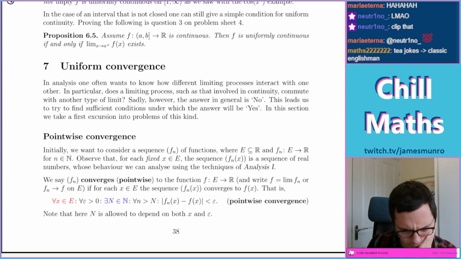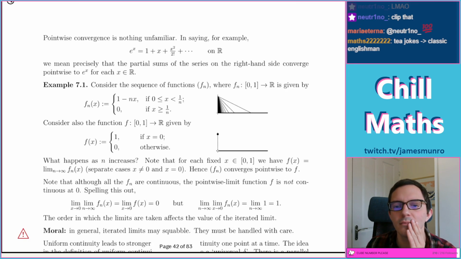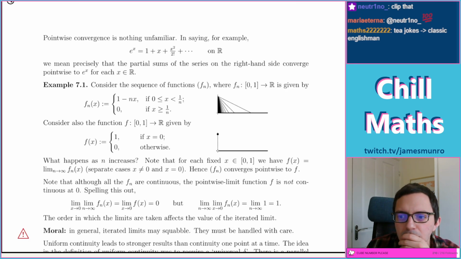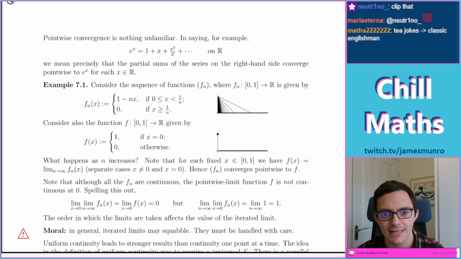Is that what's going on? Converge pointwise. For all x there exists. Oh, the problem is that continuity doesn't go across this limit. But maybe if we're uniformly continuous, then it's okay. Can't remember. Let's find out.